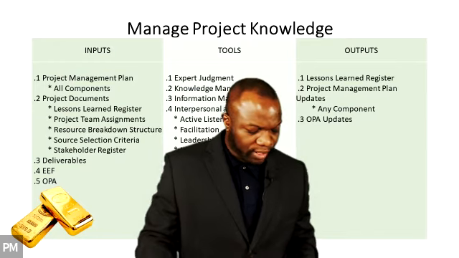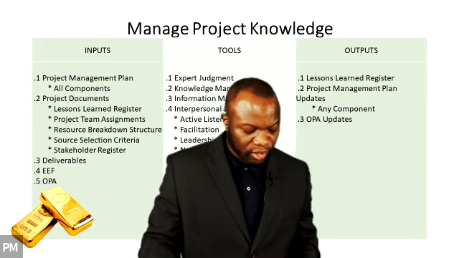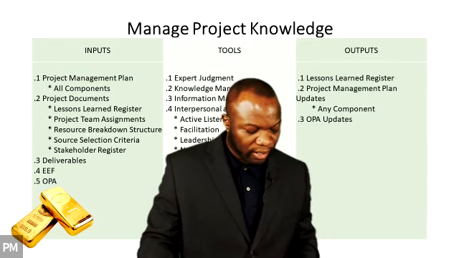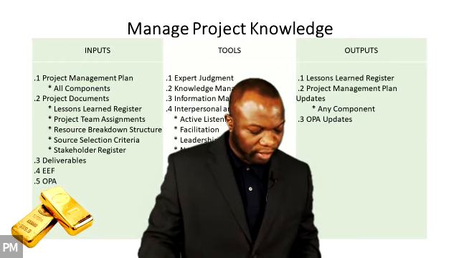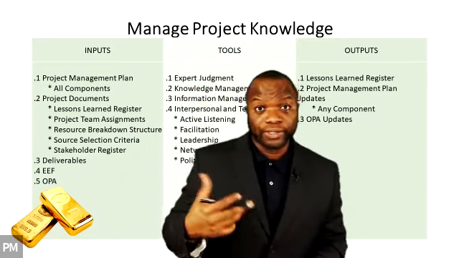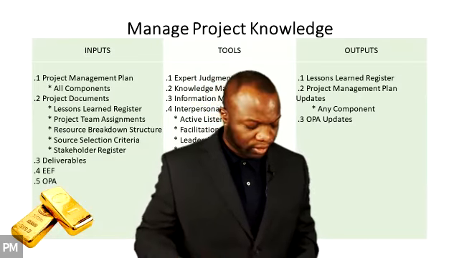Then it says the lessons learned register is created as an output of this process early in the project. Thereafter, it is used as an input and updated as an output in many processes throughout the project. In other words, once it's created, you're going to see it again as an input. It's going to be updated in many other processes.